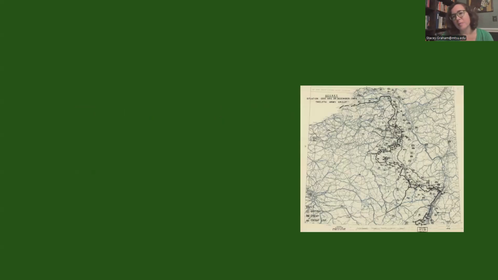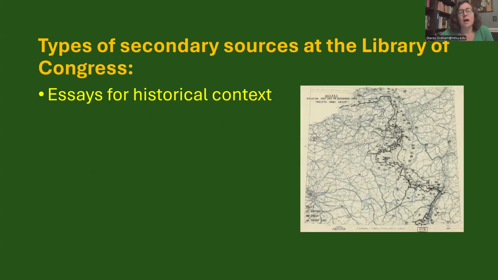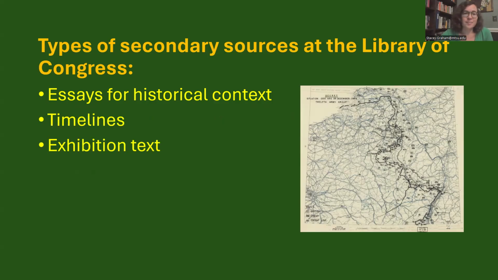And so, for example, here's a primary source, but what would be the kinds of things that the Library of Congress might have on its website that would be a secondary source to support the reading of this particular source? You might look for essays that provide historical context, timelines, exhibition text. Sometimes there's a little one paragraph blurb that goes with each primary source in an online exhibition.